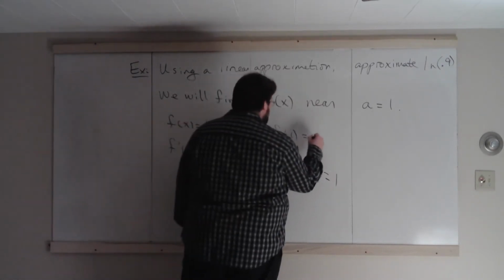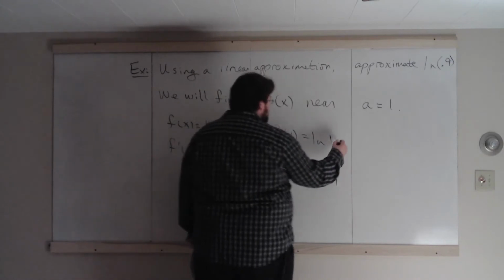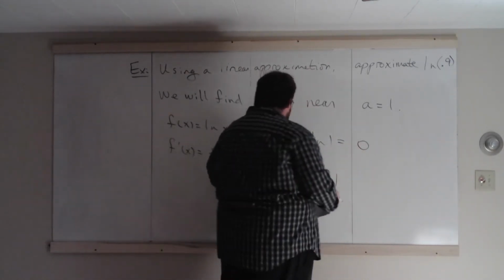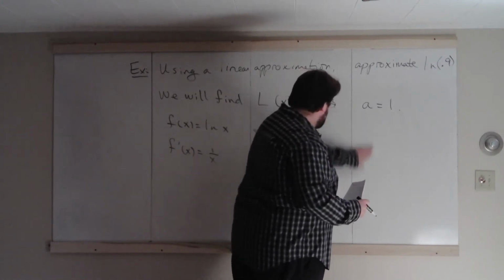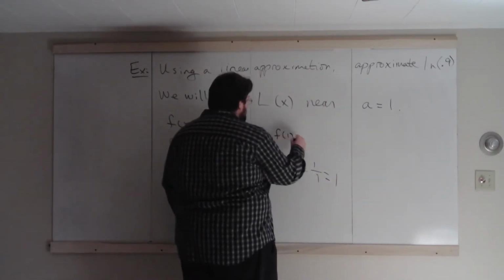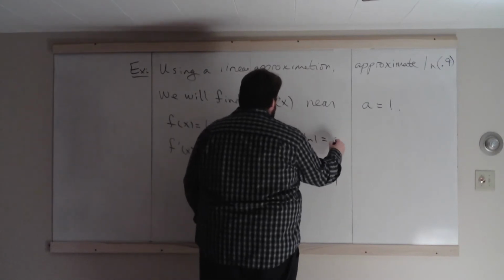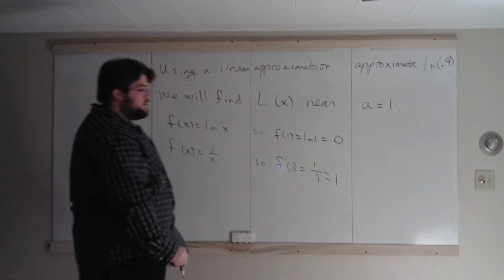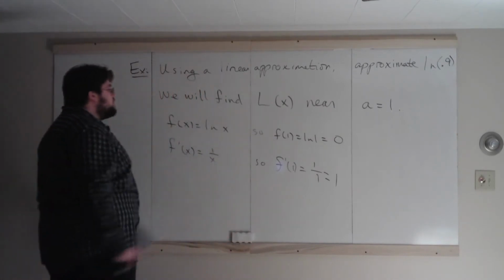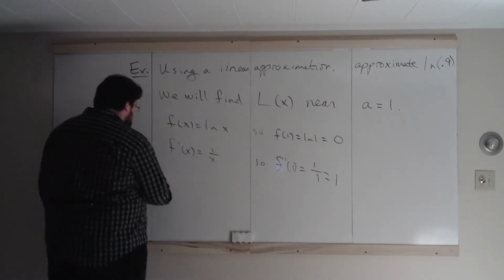F of 1 is log of 1, which equals 0. And I'm going to write that a little smaller so I have the rest of that board for the actual answer. So f of 1 is log of 1, which equals 0, because e to the 0 is 1. Well, we have all of the numbers we need. Now we just need to find the linear approximation.